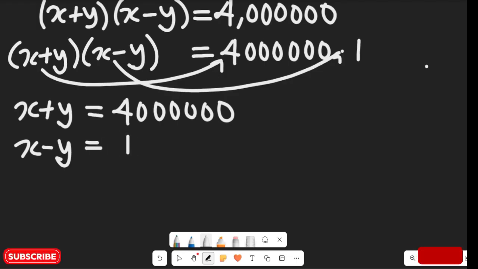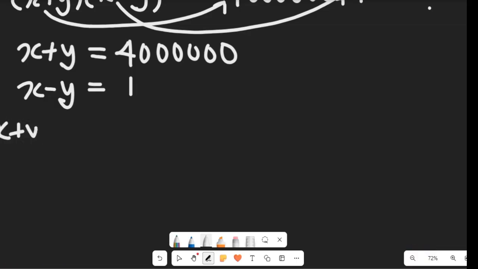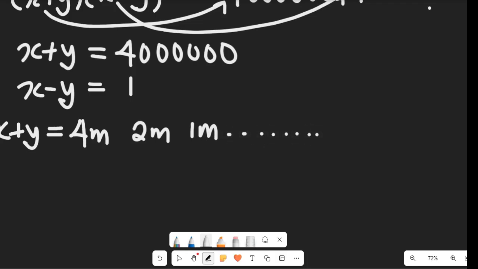Having gotten the greatest value of x plus y to be equal to 4 million, while the smallest value of x plus y can be equal to 1, I can find the range of values for these two expressions. From here, I can see that the range of values of my x plus y can range from 4 million, can also have 2 million, from here I can have 1 million, and from here this can stretch out to 4, 3, 2, and then I'll have 1, right?